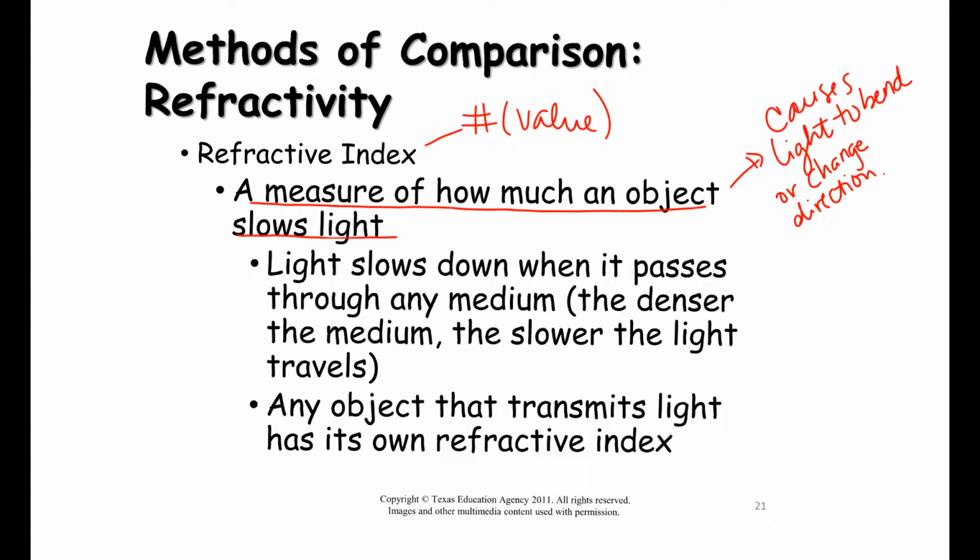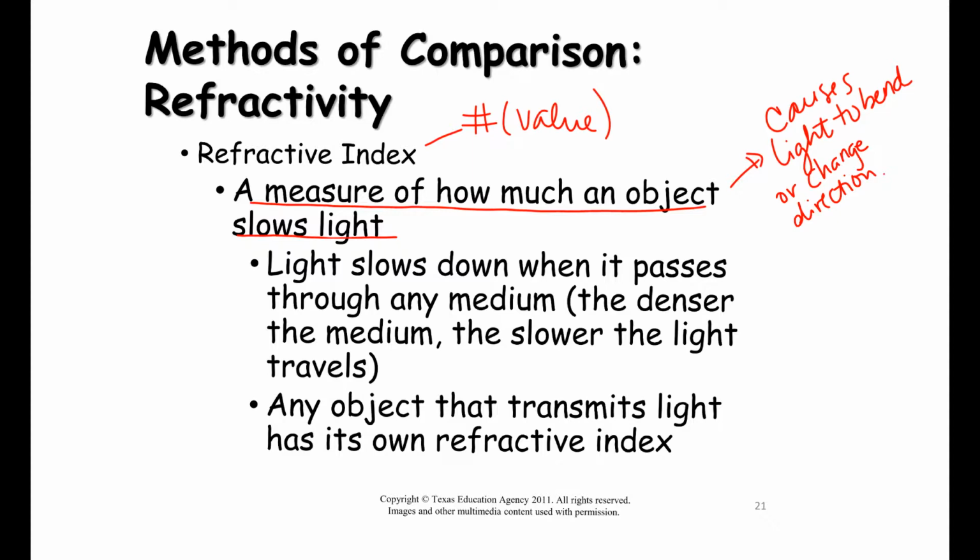So just like how different kinds of glass have different densities, different types of glass also have different refractive indexes. So we can use that number to help us figure out what kind of glass our piece from our crime scene or suspect could potentially be.